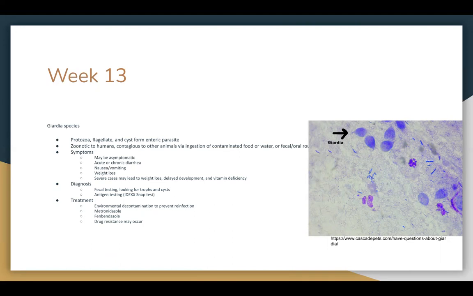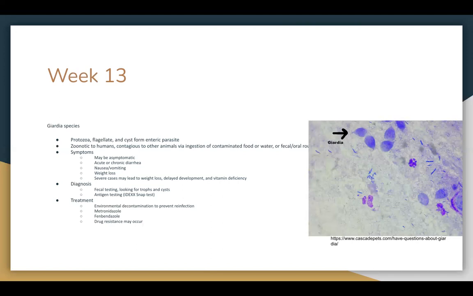Symptoms: with Giardia, carriers can also be asymptomatic, but they can also have acute or chronic GI signs. So vomiting, diarrhea, nausea, weight loss, and in severe cases, it can lead to delayed development and vitamin deficiency.